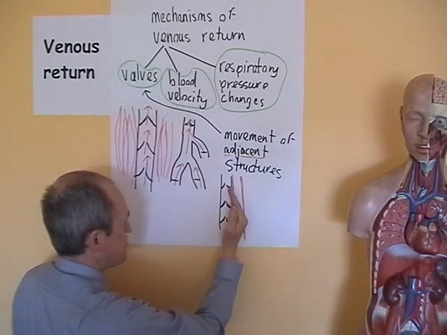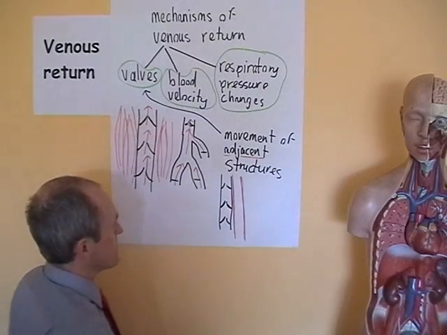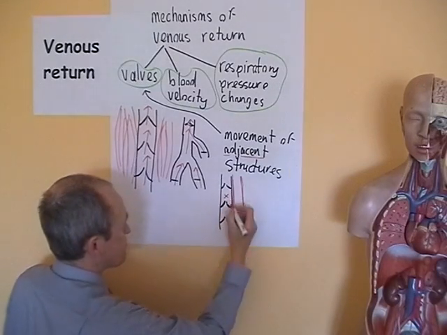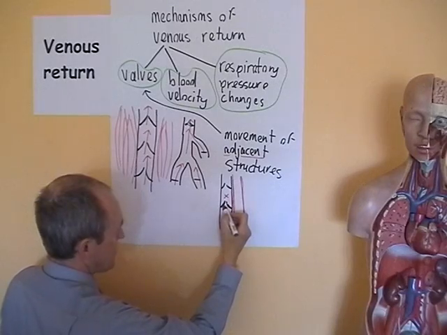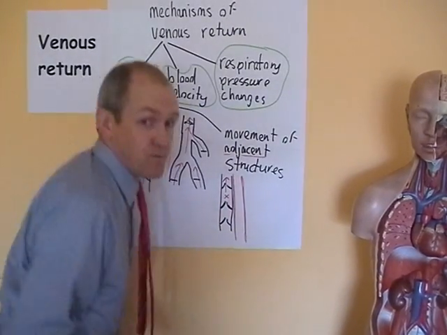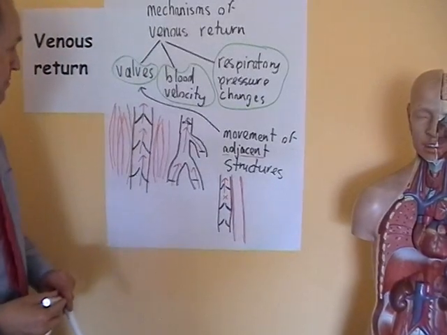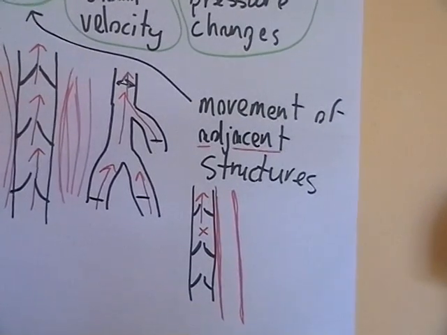So if that artery compresses this part of the vein, it increases the pressure of the blood in that part of the vein, that will tend to close the valves below while opening the valves above, and the blood will tend to start flowing back towards the heart. There's a little bit of basic physiology there.